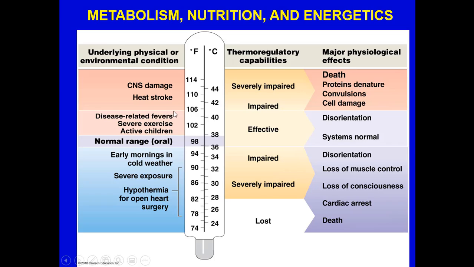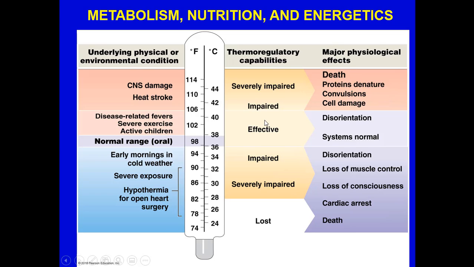We have fever, of course, that's used to defend against pathogen invasions, sicknesses. We have our normal range, which is 98.6. And we have the lower temperatures, which can, at times, help us to deal when we're very active, etc. But here's the main point. Going too high can have physiological effects.